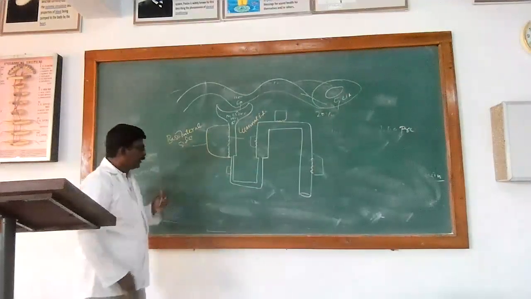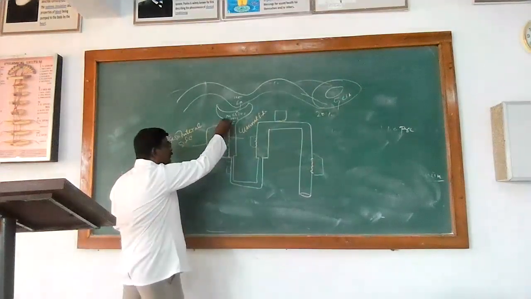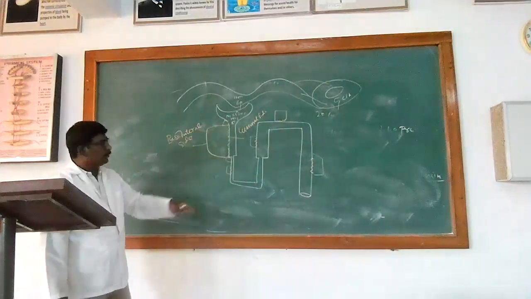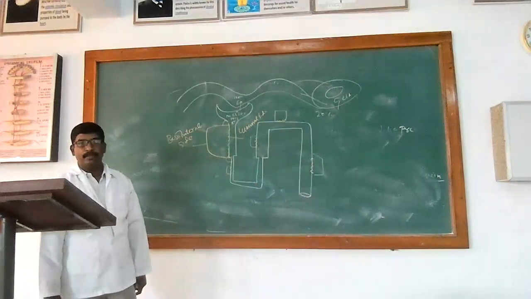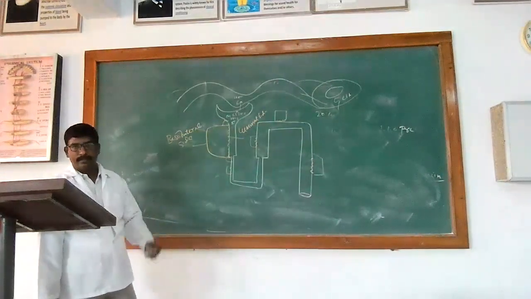On this basolateral side, adjacent to this there are some cells. Here also there are some cells. I have drawn it large, but there are hundreds of cells, thousands of cells, right? Each cell has different functions.